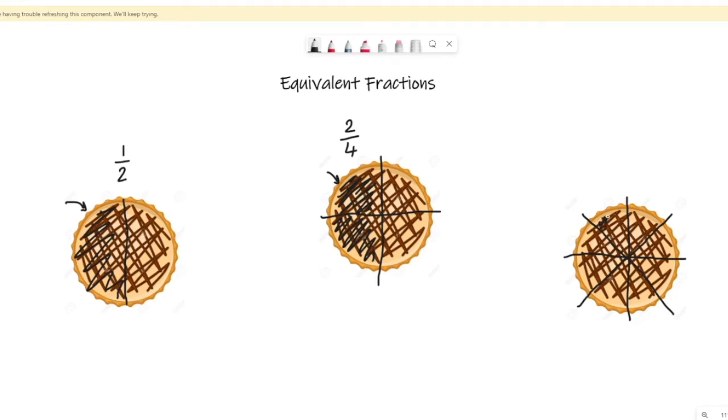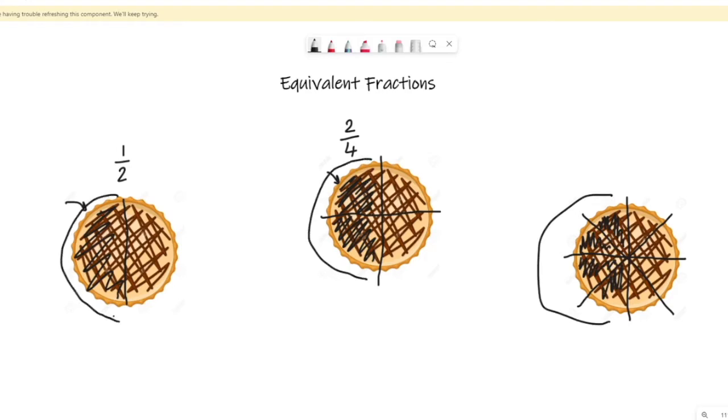It means I have to eat this piece, this one, and this one. See, now it's equal. This part is actually equal to this part and equal to this part. But if I write this as a fraction, I am eating 1, 2, 3, 4. I'm eating 4 pieces out of 1, 2, 3, 4, 5, 6, 7, 8.